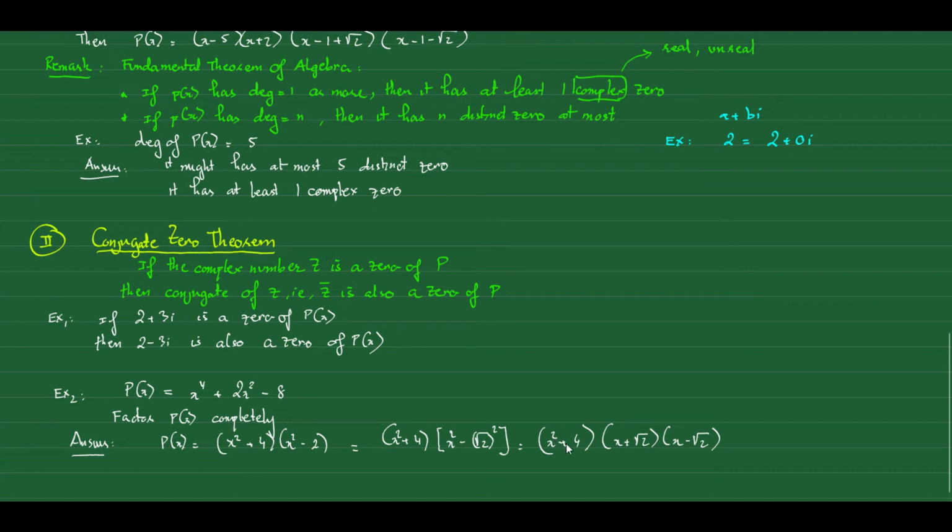So if you go ahead and solve x squared plus 4, you see that x squared is equal to negative 4, then x equals plus or minus 2i. So that's why the polynomial can be written as x plus 2i, x minus 2i, x plus square root of 2, and x minus square root of 2.